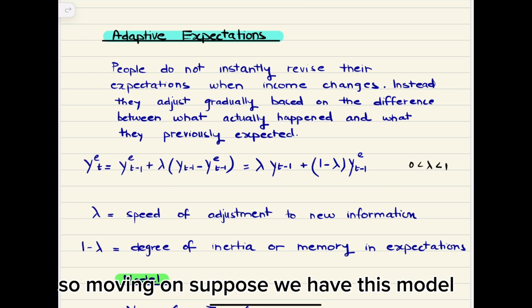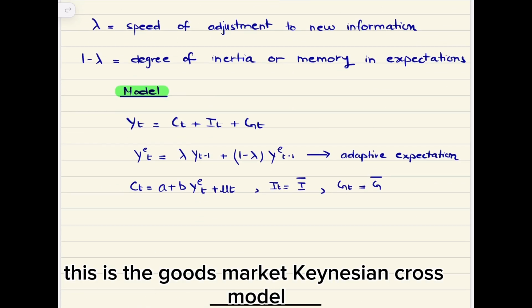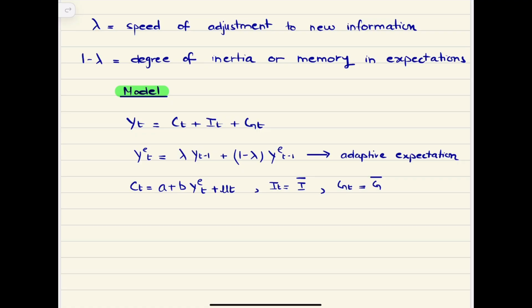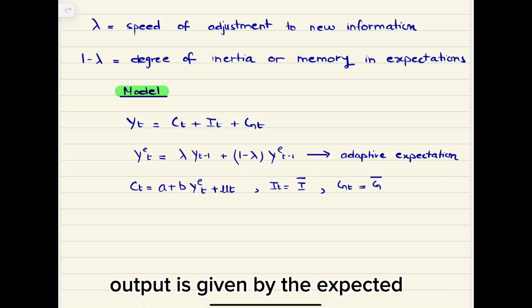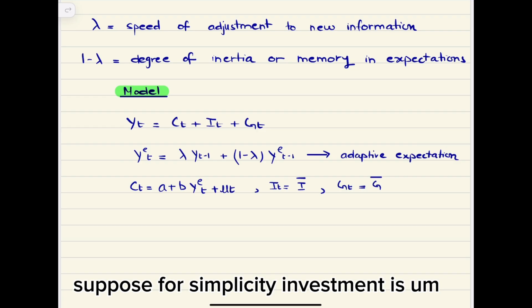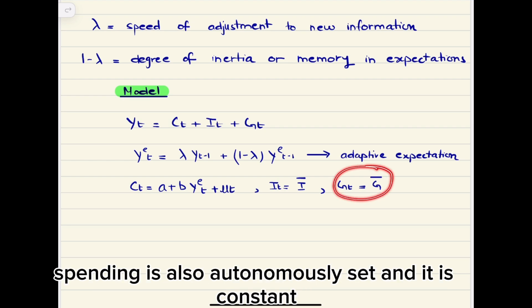So, moving on, suppose we have this model. This is the goods market Keynesian cross model, where we have Y equals C plus I plus G, and the expected value of output is given by the adaptive expectations model. So by this equation, suppose for simplicity, investment is autonomously set, and government spending is also autonomously set, and it is constant.